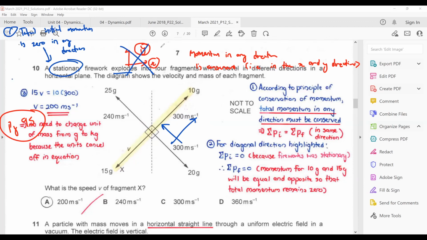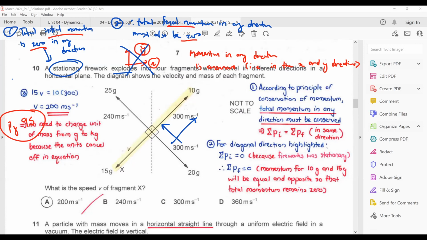So from there, you can also come to another conclusion saying that therefore total final momentum in any direction must also be 0. So if you already know initial momentum is 0, the final momentum must also be 0.